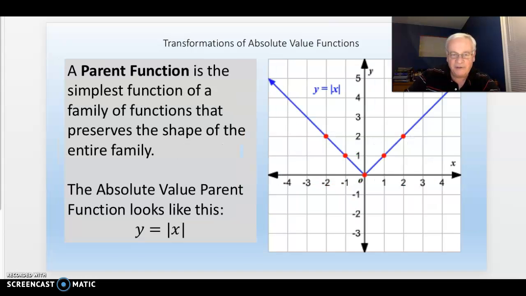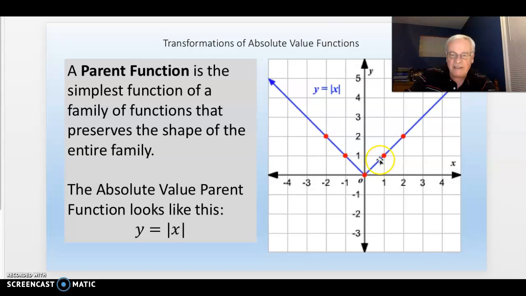As a parent function, it's the simplest function of a family of functions, and it preserves the shape of the whole family. The absolute value parent function, here's the equation down here, y equals the absolute value of x. It's shaped like a V. The vertex is right here at 0, 0, at the origin.